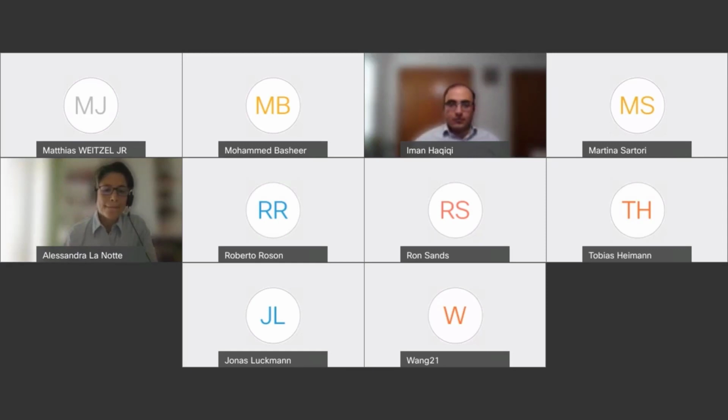CGE models are calibrated on social accounting matrices. So you can imagine that if, instead of a conventional SAM, you have a larger SAM, with more rows and more columns, that includes environmental factors and environmental indicators, you could recalibrate a model with all this new data.